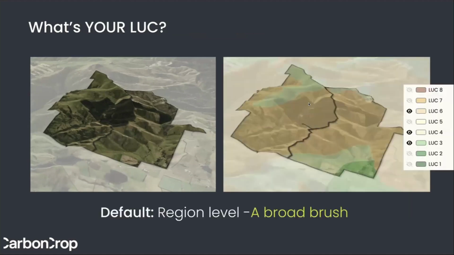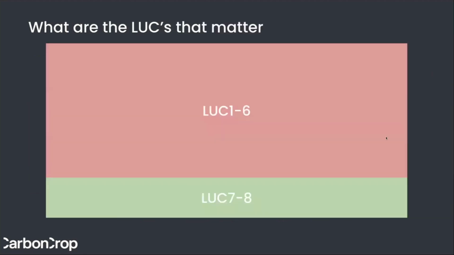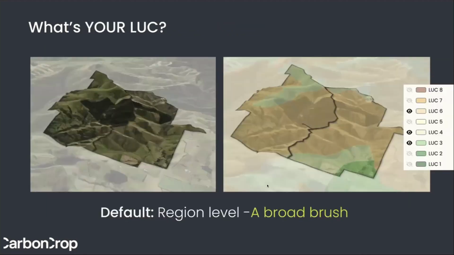But this entire property only has three land use categories on it, a very small area of LUC 3 down in the bottom right. Most of it's either LUC 4 or 6, and LUC 3, 4 and 6, as we just identified in the chart earlier, are basically all the same thing as far as this policy is concerned. So at the regional level, which is a very broad brush, the treatment for this entire property is identical.